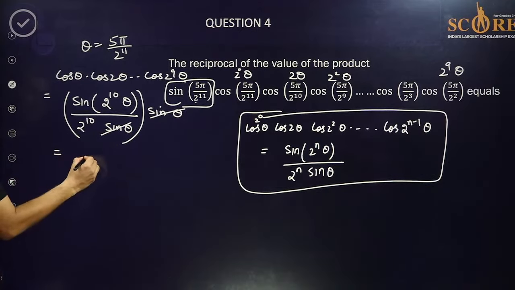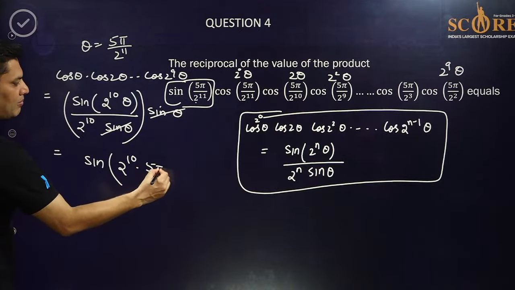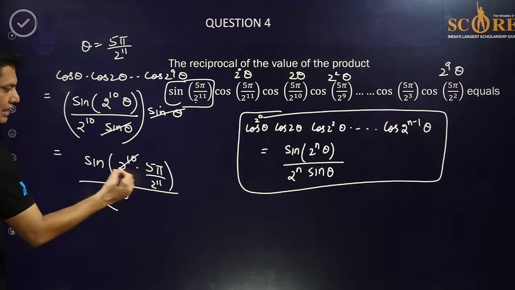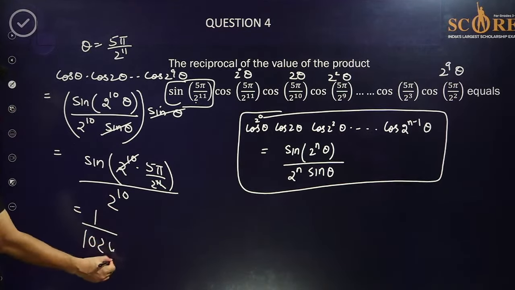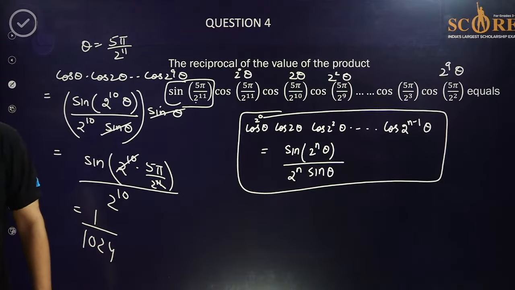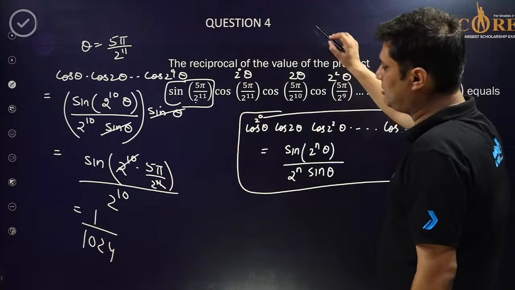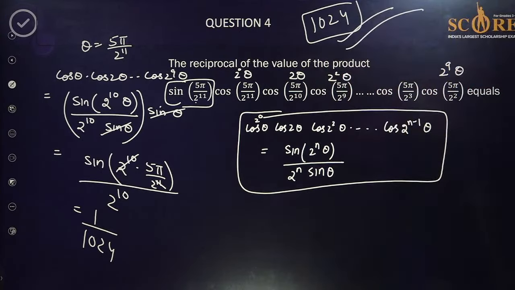So answer is sine 2 to the power 10 theta, where theta is 5 pi by 2 to the power 11, upon 2 to the power 10. So it's cancelled out. Sine 5 pi by 2 is 1. So 1 upon 1024 is the right answer. The reciprocal of the value, so reciprocal of 1024 is 1 upon, so that's the final answer.